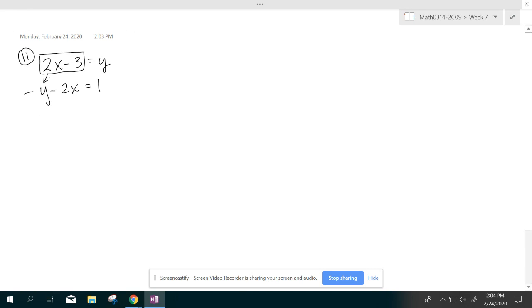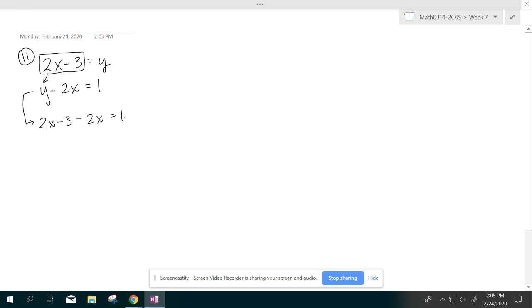And so this second equation is going to become 2x minus 3 minus 2x equals 1. Did y'all see that? The y got replaced with 2x minus 3. And then the rest of the equation copies down.